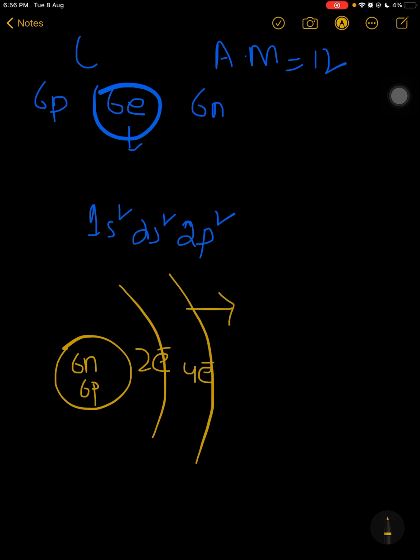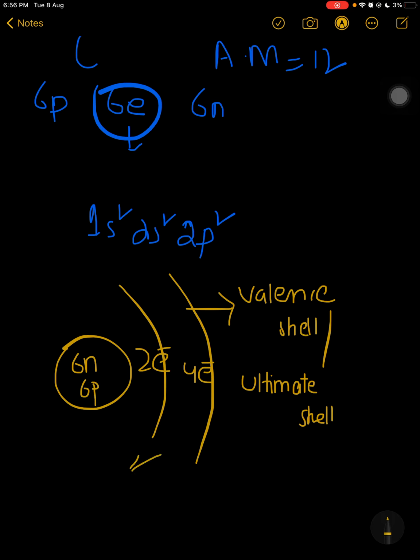This shell is known as the valence shell, or the ultimate shell. And this other shell is known as the penultimate shell, right? So I hope this is clear to you.